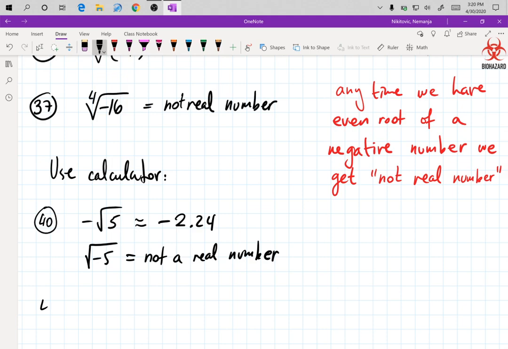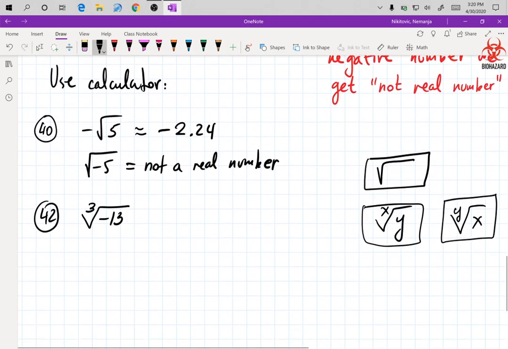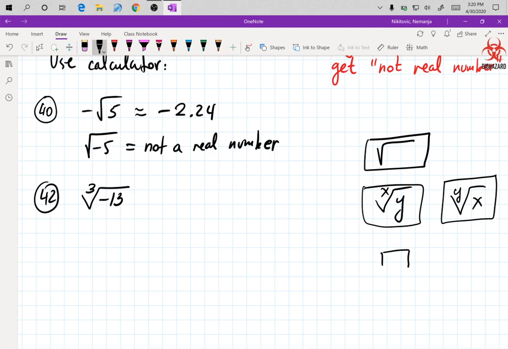Now, what do we do for problems with the cube root? Most of the calculators only have a basic square root button. Some calculators might have something that looks like this as a button, or maybe like this. But most of the calculators will have this little hat symbol, this is exponent.